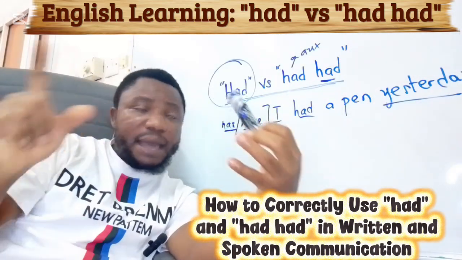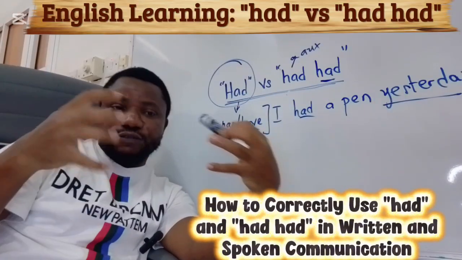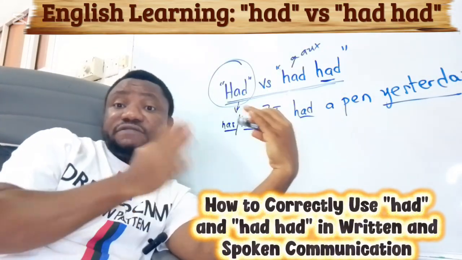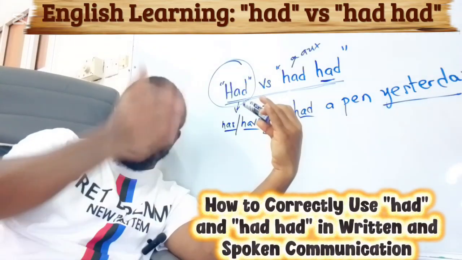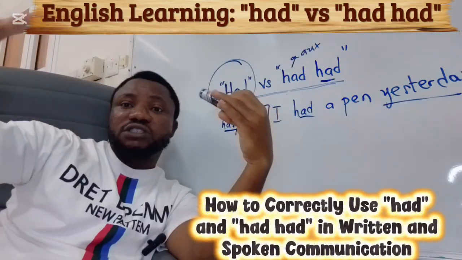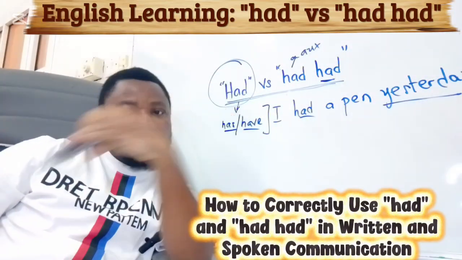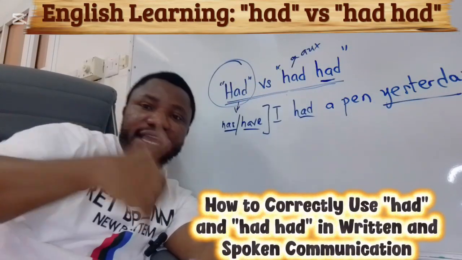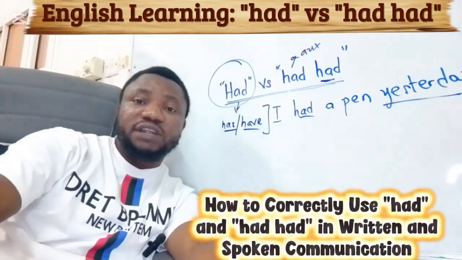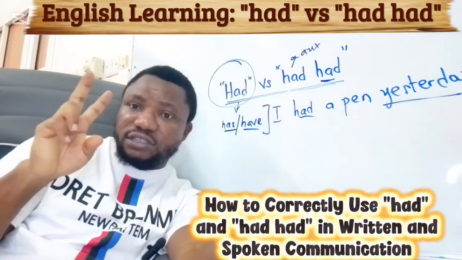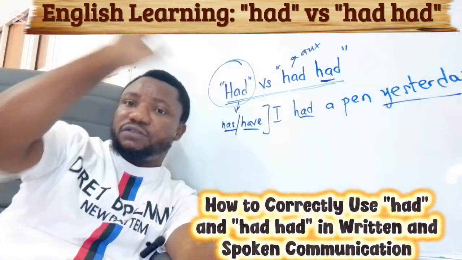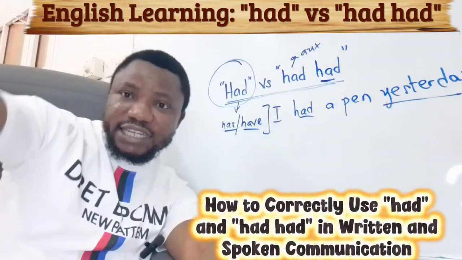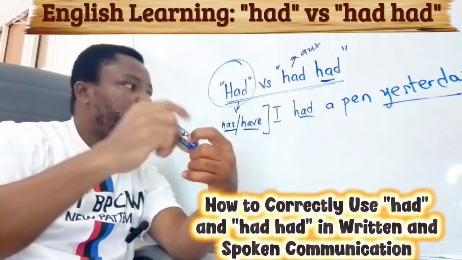Of course, you remember that had had is used for the action or situation, the event that started and ended before another started in the past. Simply put, you only use had had when you have two events to talk about, where one of these events started and ended in the past before the second event started. Here is what I mean.